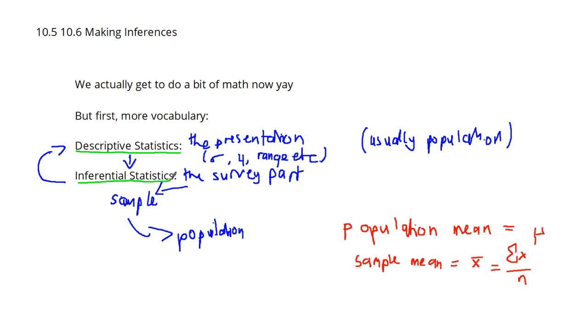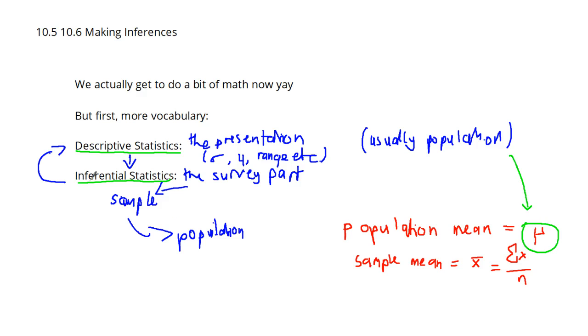For example, with descriptive statistics, what you've been doing, you find the mean, you find the standard deviation, and you normally use it for a population. The population mean has the Greek symbol mu. However, a sample mean is x with a line through it.